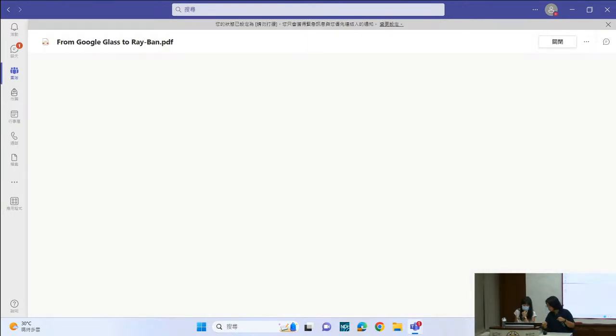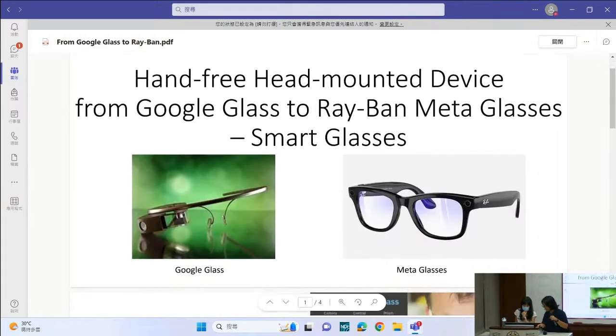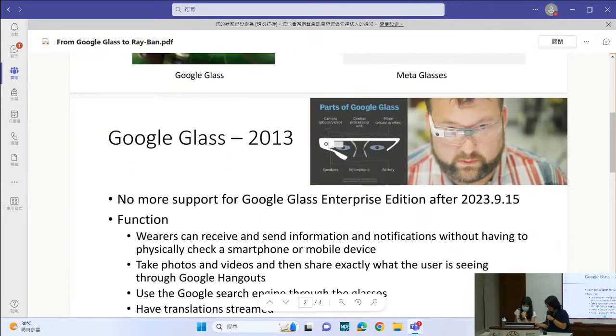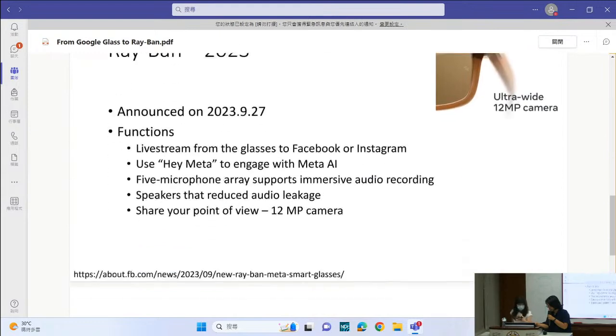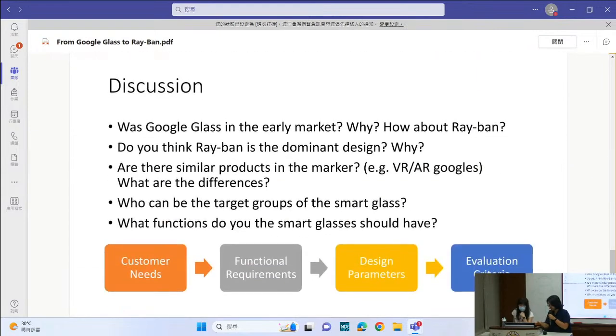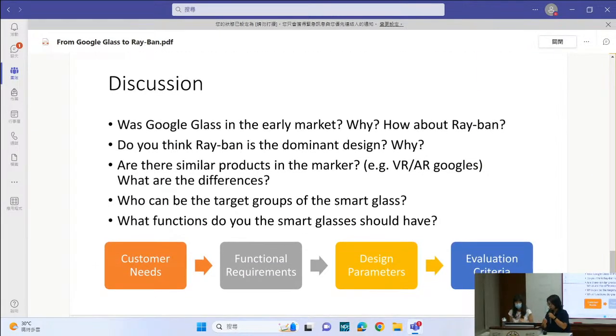Last week we talked about the last two questions, but this week we'll focus on the first three questions. This is related to the material that Professor Liu talked about last week. Basically, we want to talk about what the Google Glass was in the early market and why it failed, and how about the Ray-Ban Meta glasses.